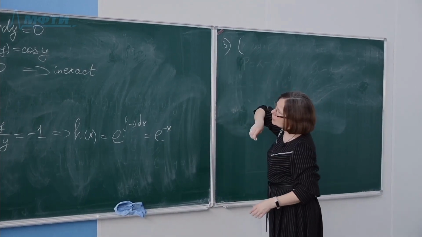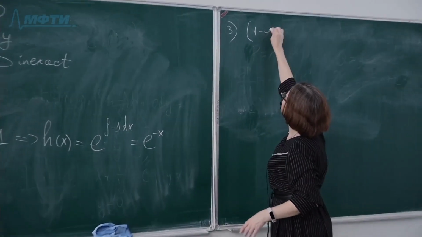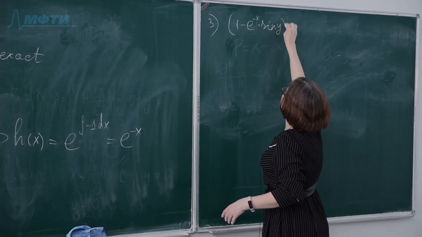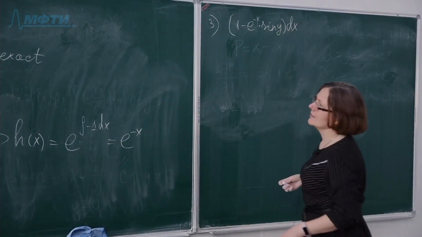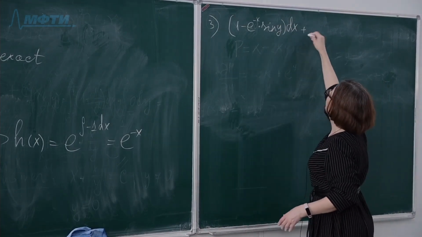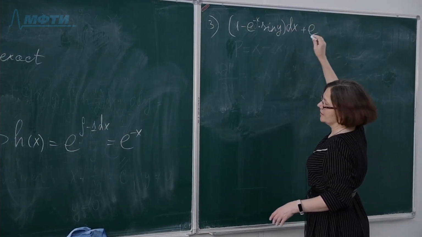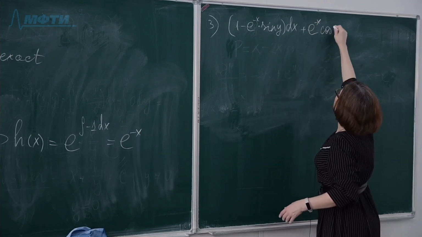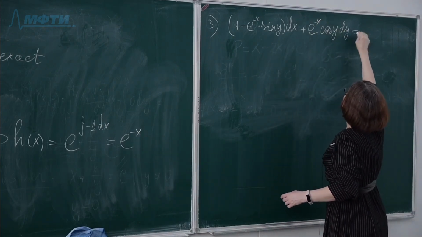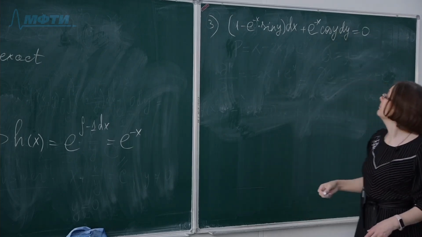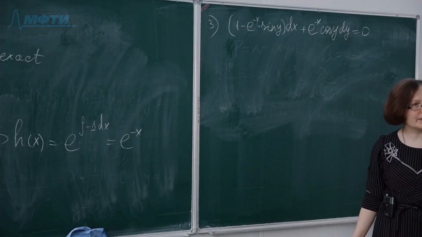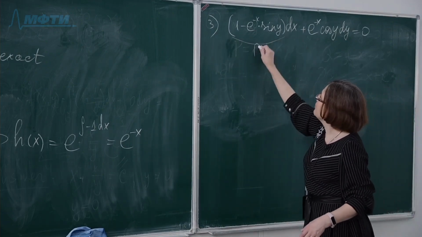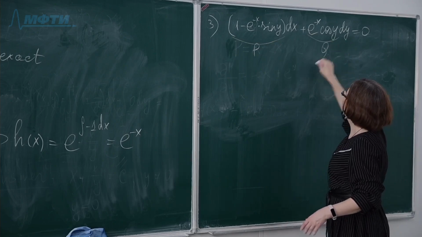The new equation will be (1 minus e to negative x times sine y) dx plus e to negative x times cos y dy equals 0. This is our new equation, right? And now this is a new function p, this is a function q.